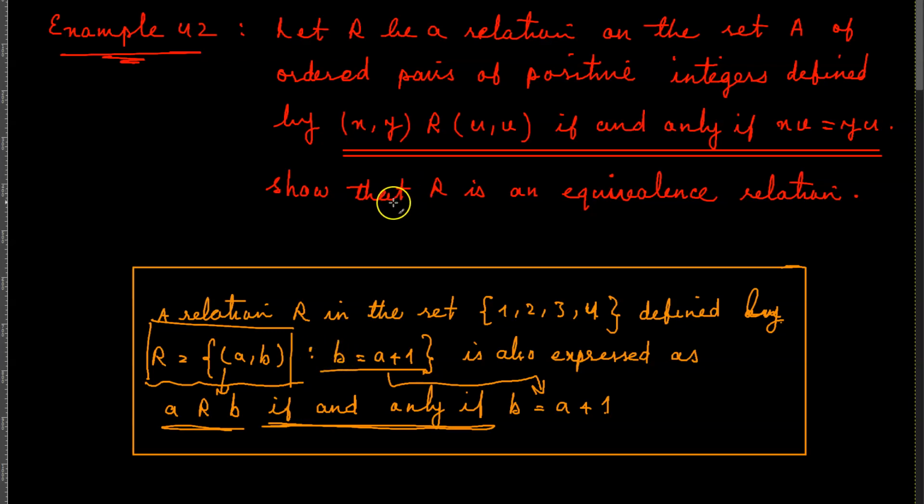Now what we are saying here is that let R be a relation on the set A of ordered pairs of positive integers. So these ordered pairs are all positive integers.